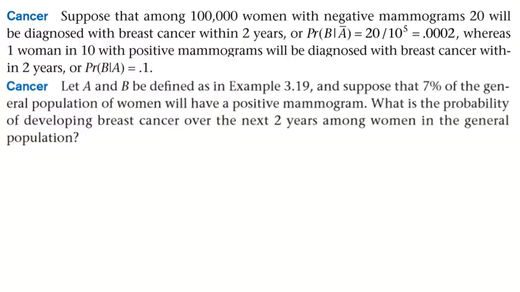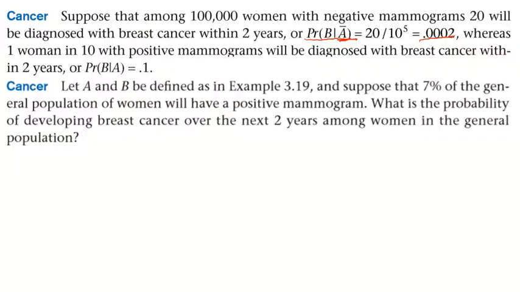So in this example, we are going to apply that particular equation. Okay? So suppose that we have 100,000 women with negative mammograms. Okay? And 20 out of those 100,000 will be diagnosed with breast cancer within 2 years. Okay? So as you can see here, the probability that B happens given that A is not true, or that the mammogram is negative, is 0.0002.